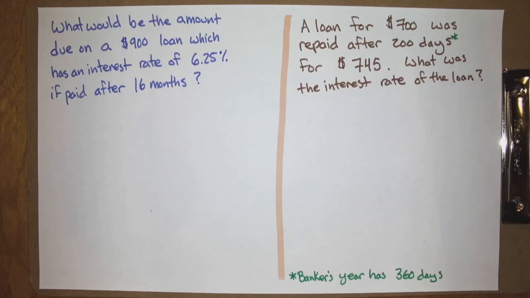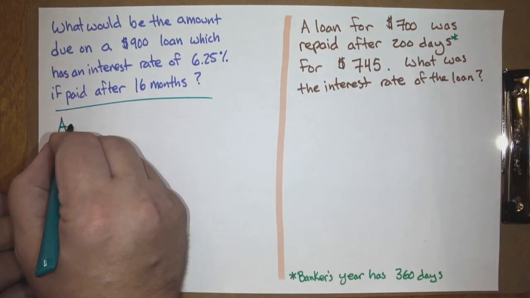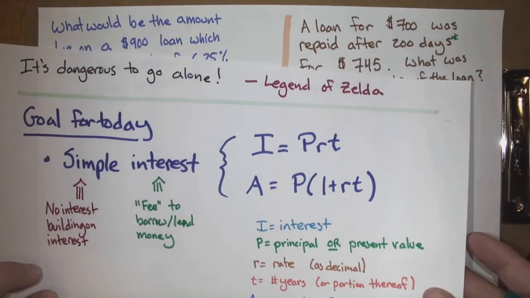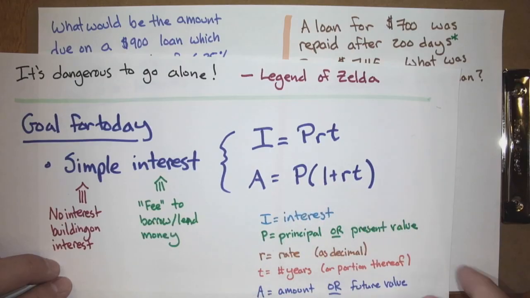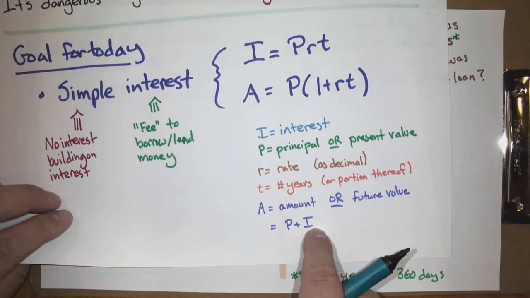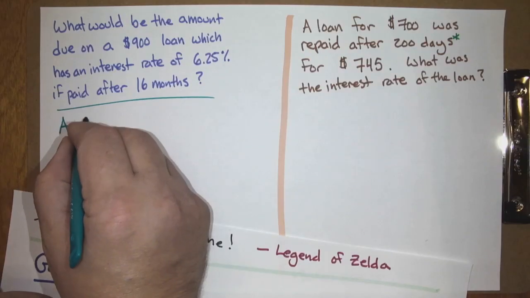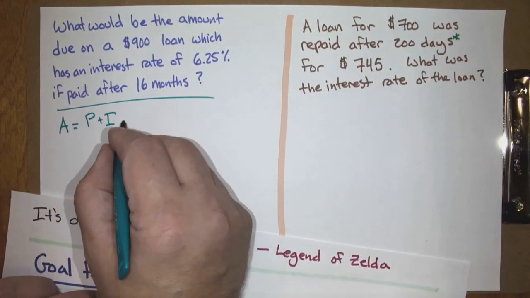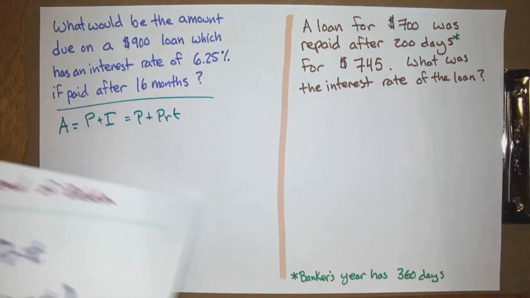So we can think of that. We can go back and we have a formula, right? You can either think of it as P times 1 plus RT or just P plus I. Maybe P plus I, let's start with that. So P plus I, which is P plus PRT.